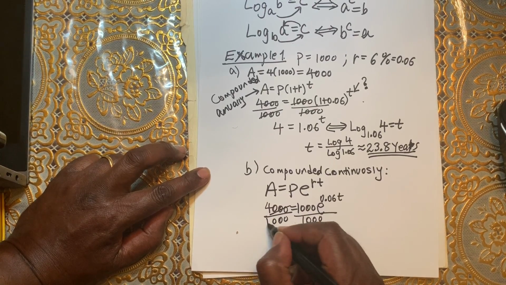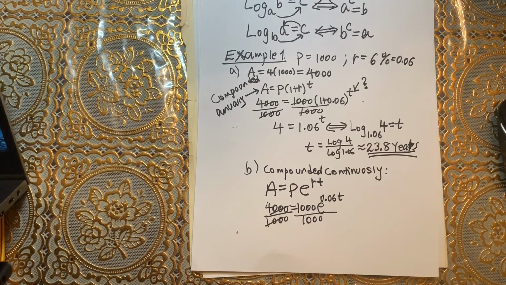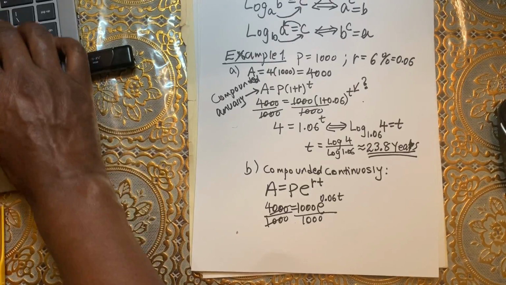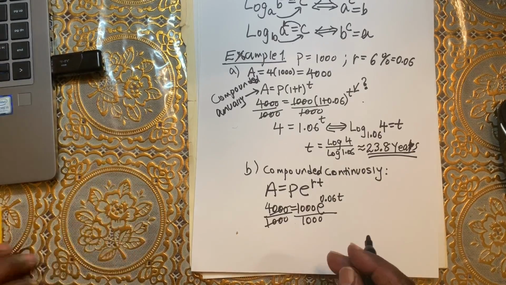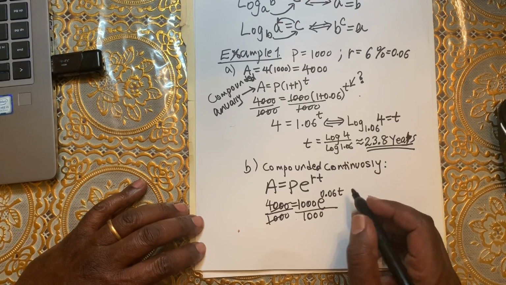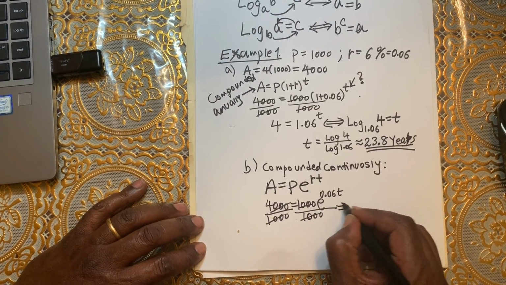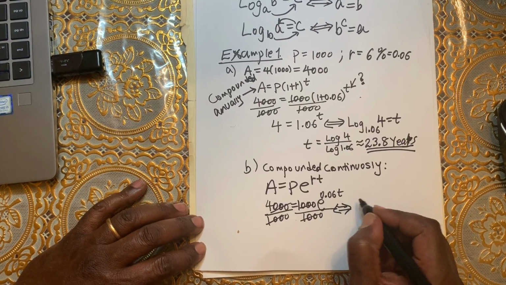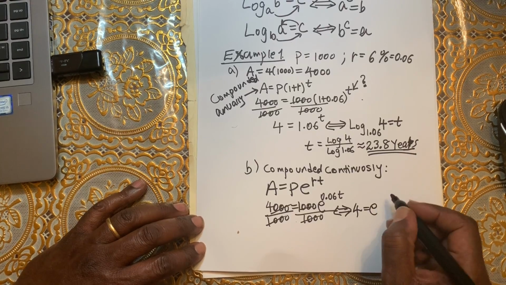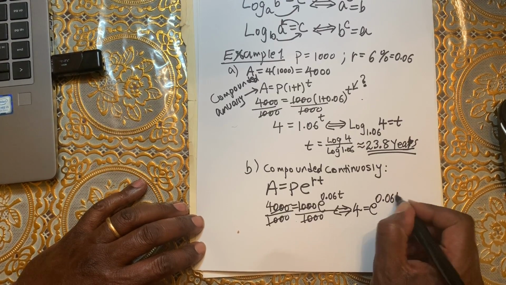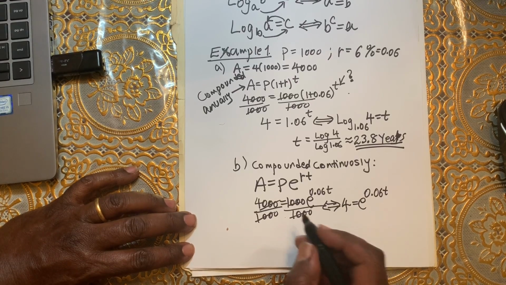We are dividing by 1,000. So this becomes 4 equals e to the power of 0.06T. As you see, it now changes to logarithm at this point.